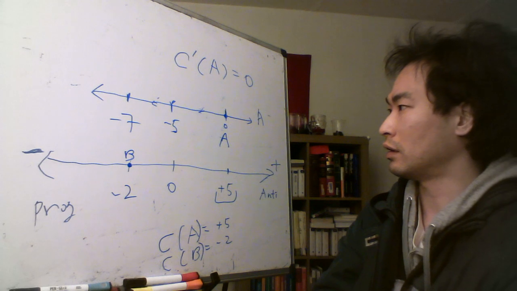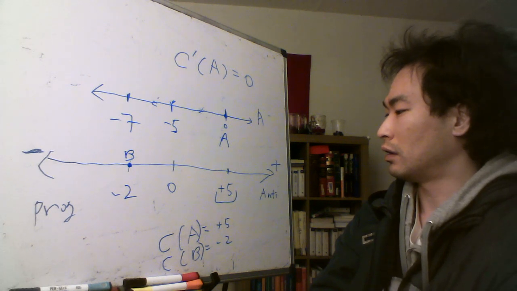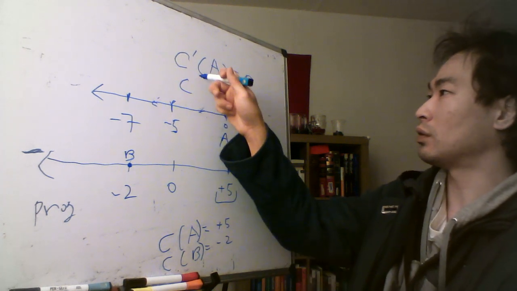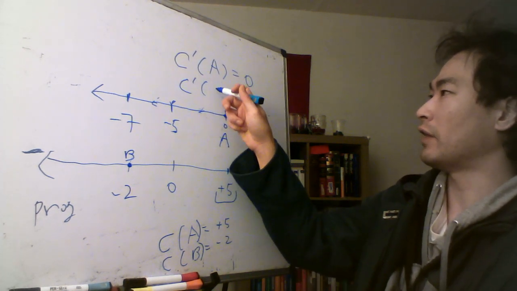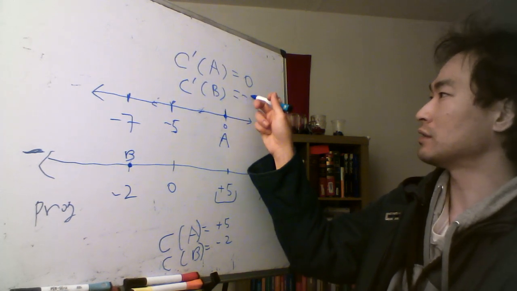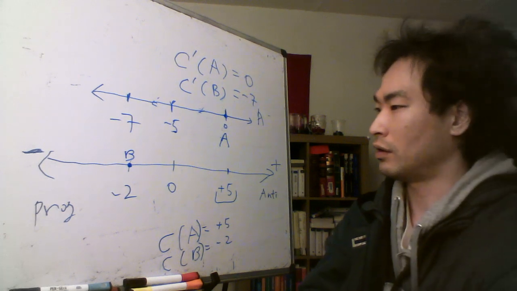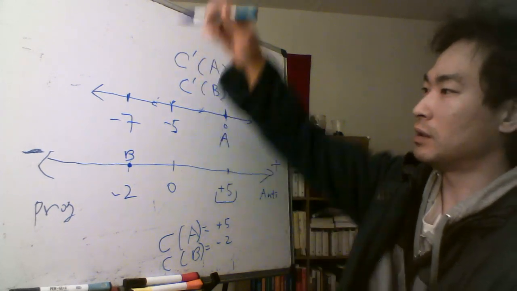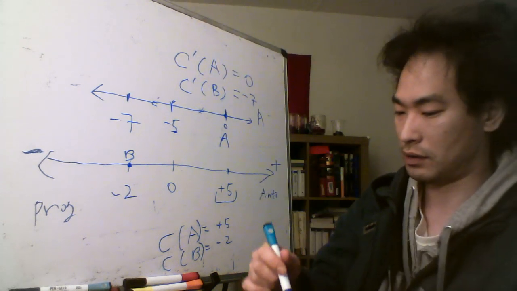And what is the coordinate value for B according to A's frame of reference? -7. See what I'm saying?